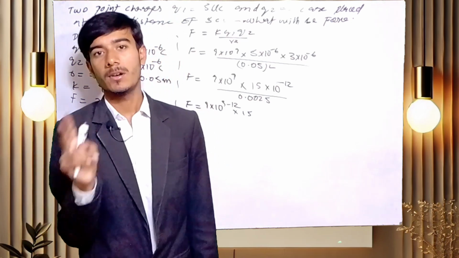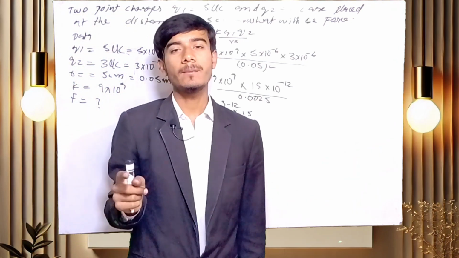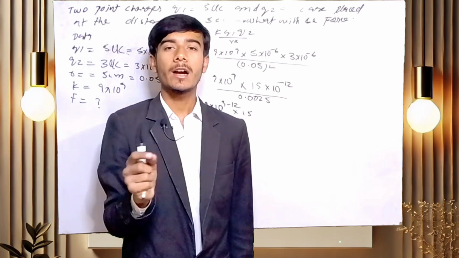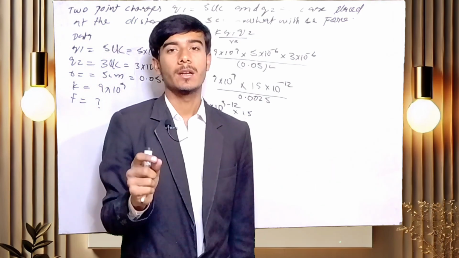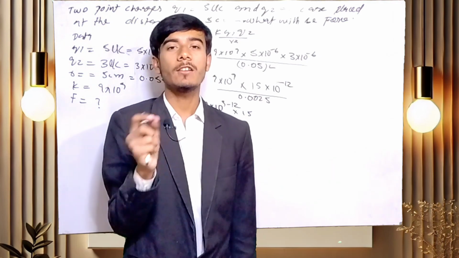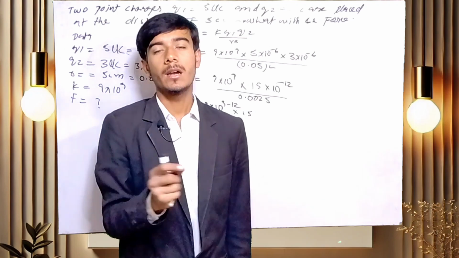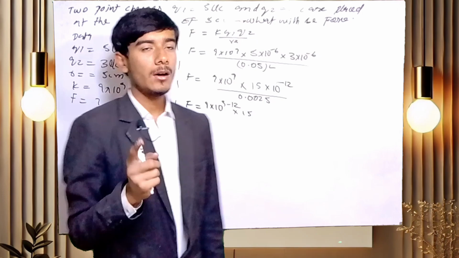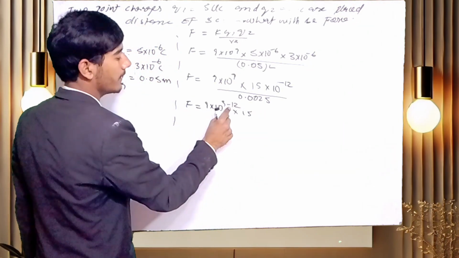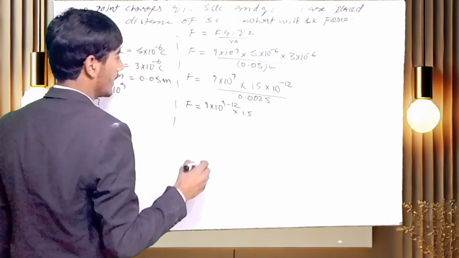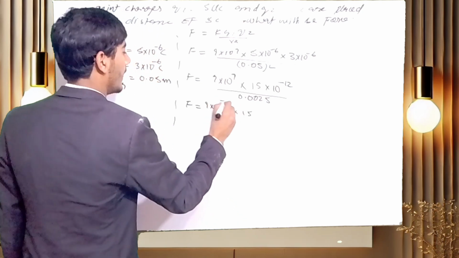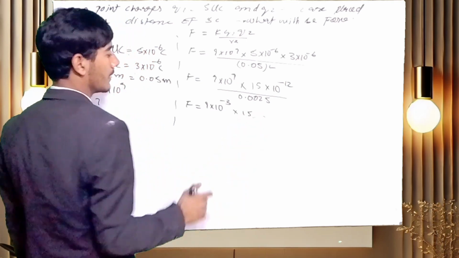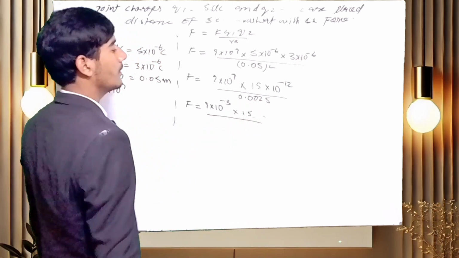If there is one positive and one negative number, we will subtract, but the answer takes the sign of the greater one. If the positive is greater, the answer will be positive; if the negative is greater, the answer will be negative. Now you can see the negative is greater, so the answer will be minus 3. So 15 into 10 power minus 3, divided by 0.0025.